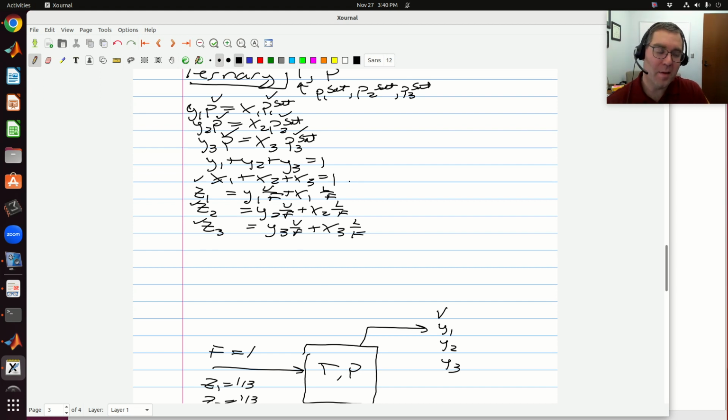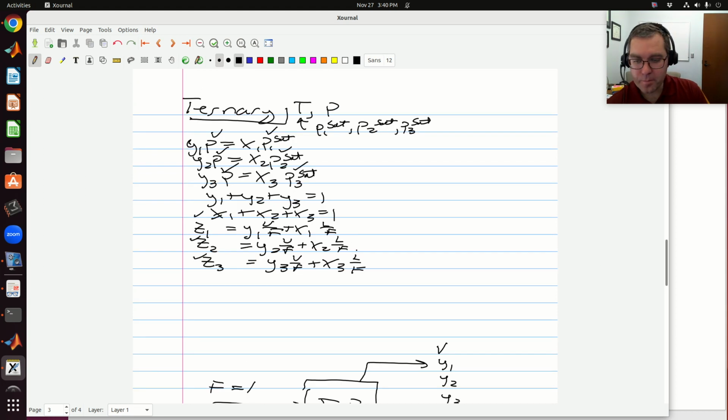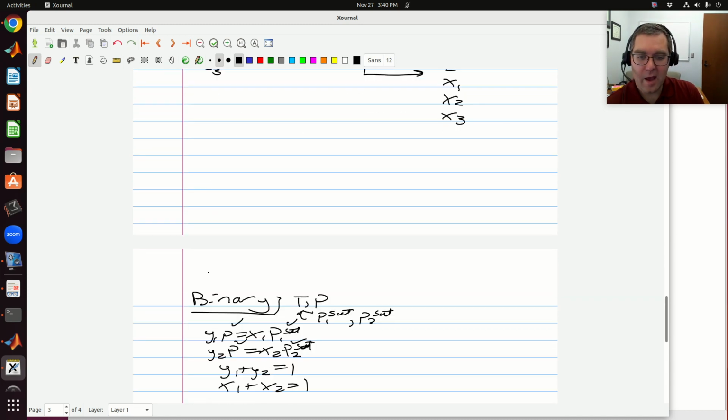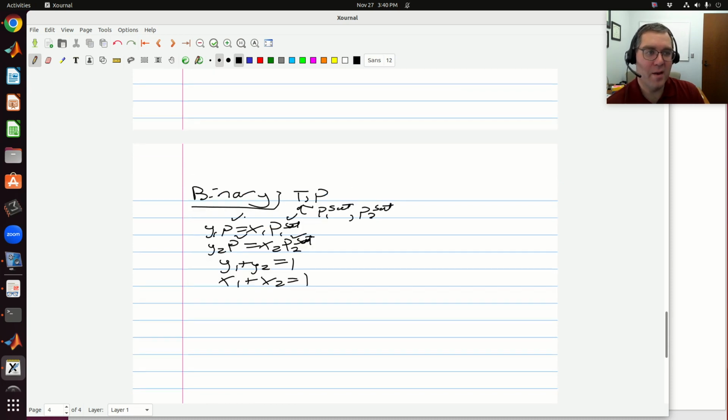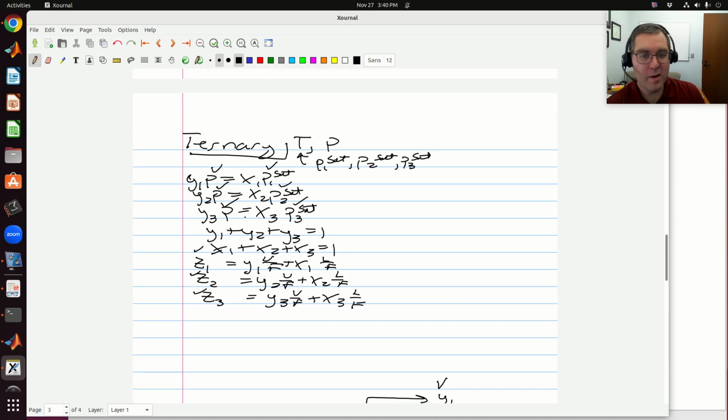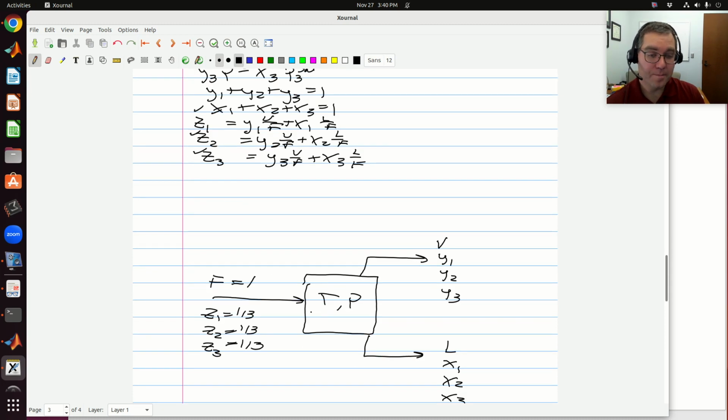But the key is, if I have a ternary system, my phase equilibrium expression and my mass balances need to be solved simultaneously. When I have a binary system, I could solve my phase equilibrium expression independent of my mass balance. And so if I wanted to know amounts, I could first solve my phase equilibrium expressions on their own, and then I could subsequently solve my mass balances.